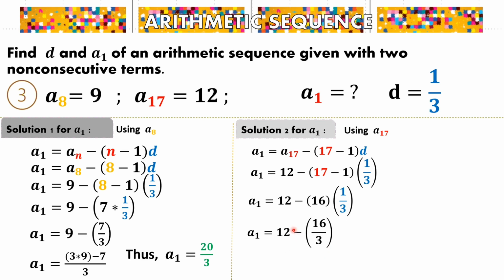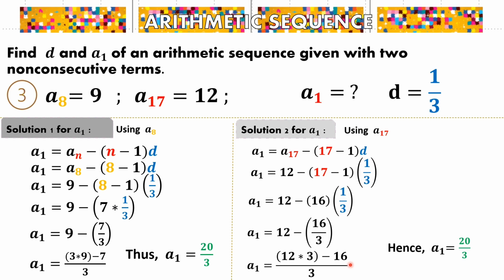So we'll be using the same process from the one we have in solution 1. So we have converting 12 into a fraction and getting the LCD. The LCD is 3, so that is 12 times 3 minus 16/3, performing the operations.